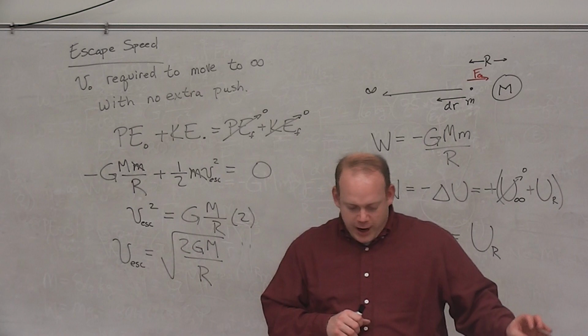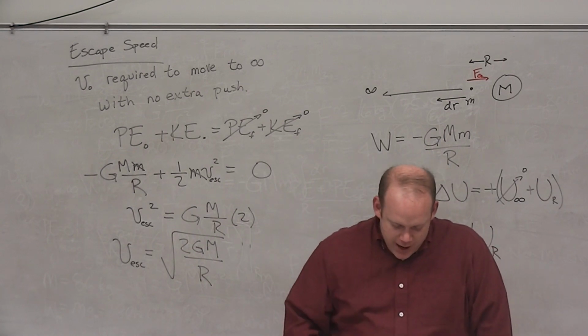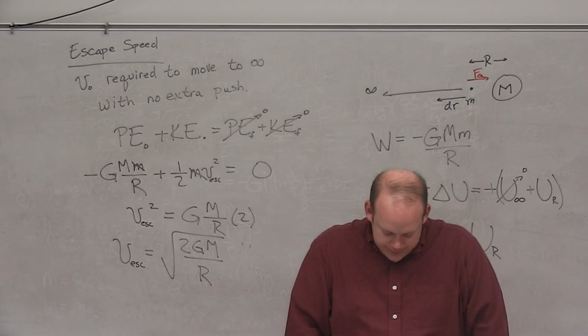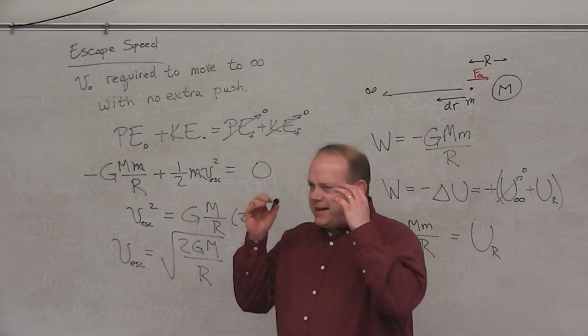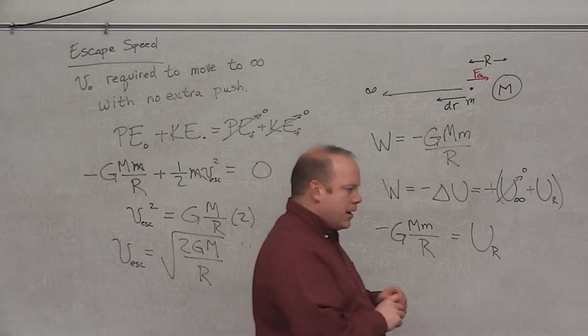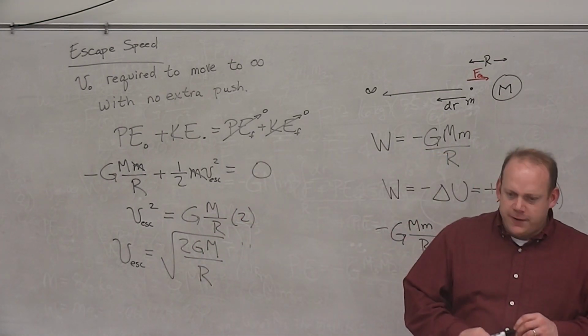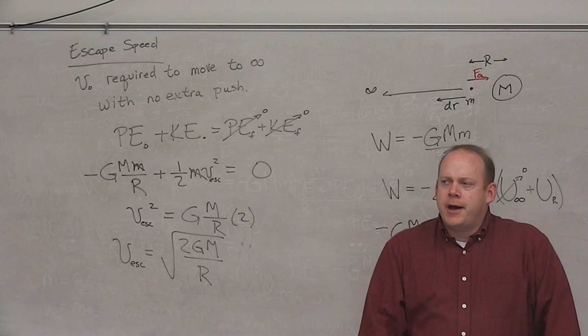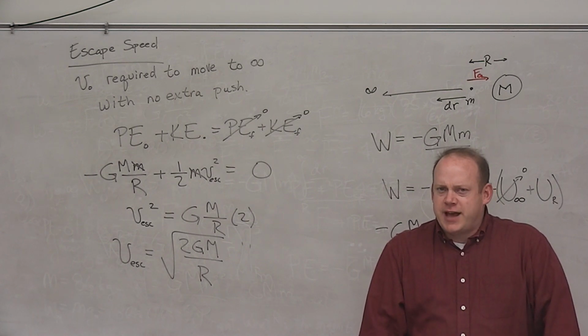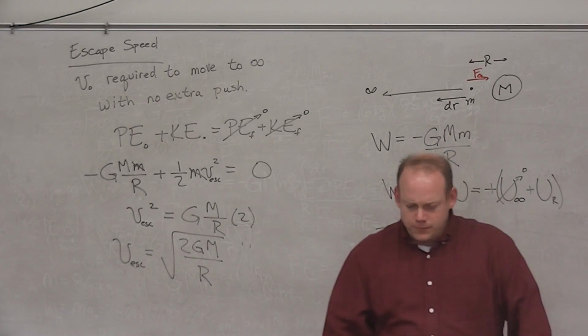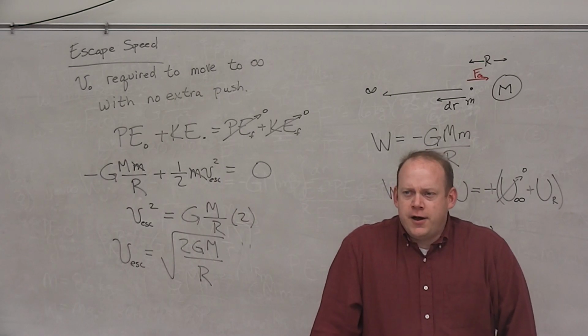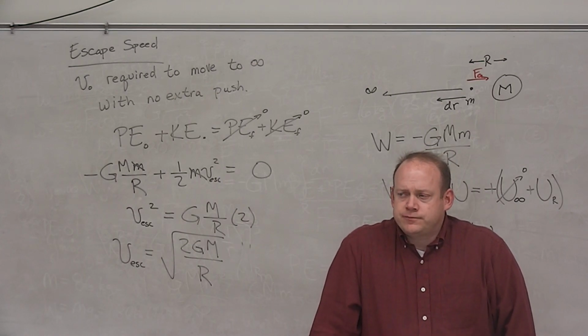All right, so now moving on from escape speed. Kepler's laws. The thing that is amazing about Kepler, at the dawn of the scientific revolution, wasn't so much that he took the Earth away from its position as the center of the universe.